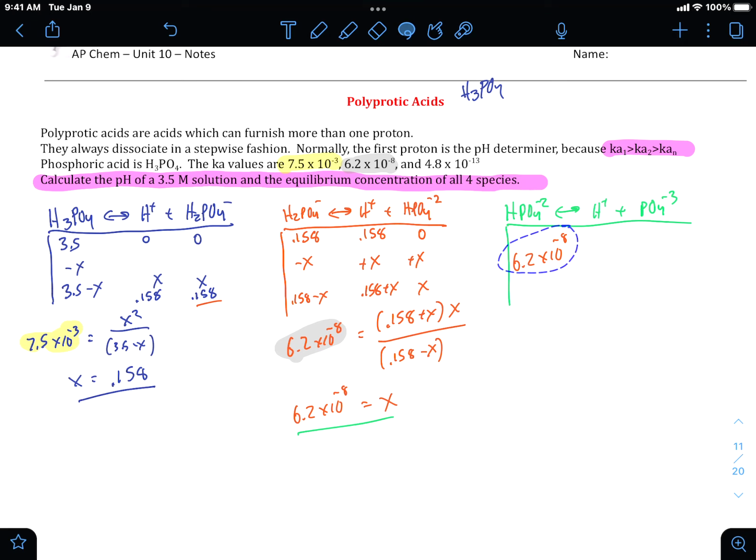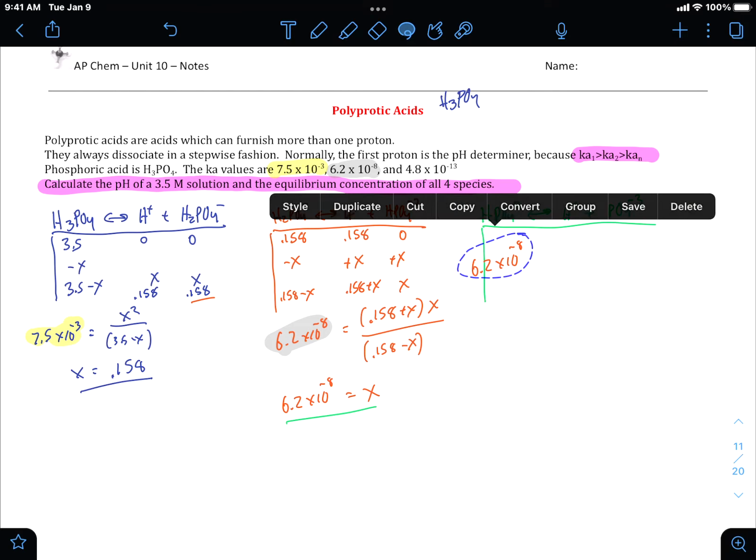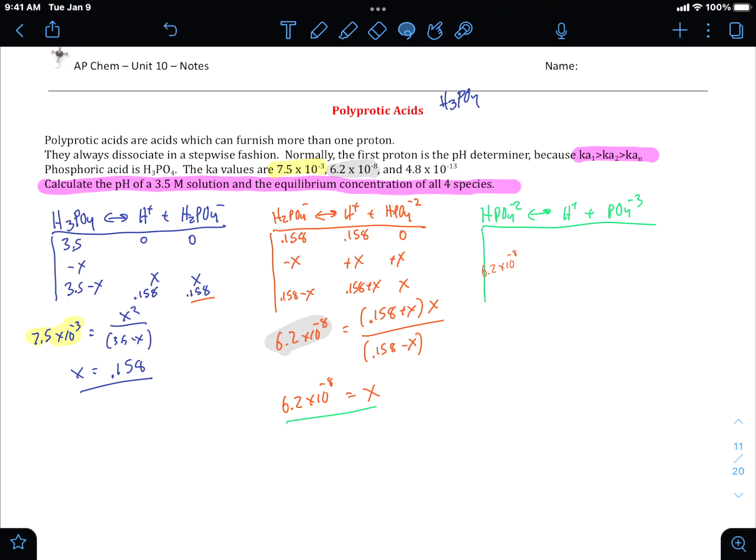Let's put that there. We have an H plus concentration somewhere. Which one? What do I use as my H plus concentration in this initial row?